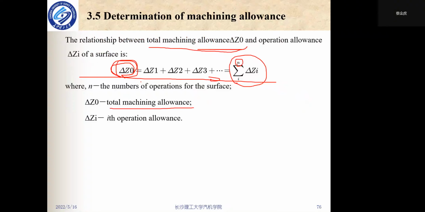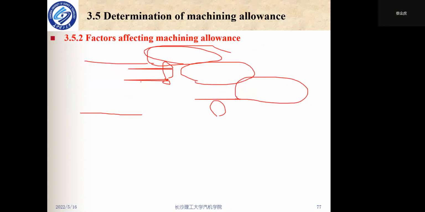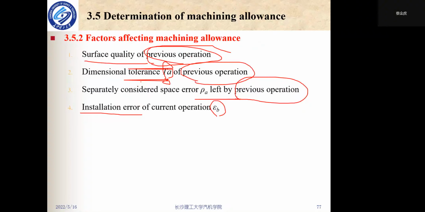And then we have learned the factors affecting machining allowance. We have introduced 4 factors, and the first 3 factors are related to the previous operation, and the last one is the installation error of the current operation.